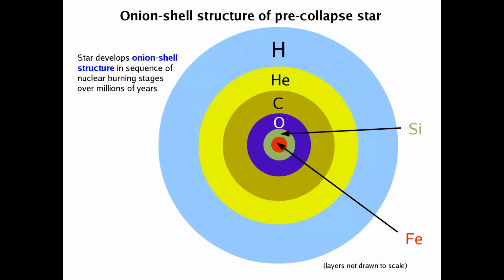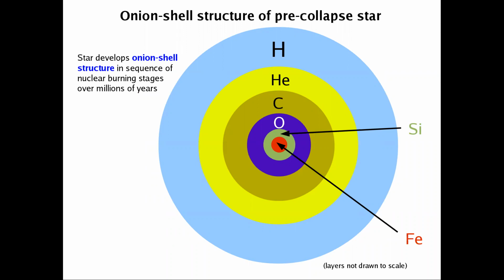Let me now come to more and more details stepwise. I start with cartoons, with images first to give you the basics, and then I will show you the real situation in numerical simulations. So this is again this initial condition where we have what is called the onion shell structure of an evolved massive star, more massive than about 8 solar masses.